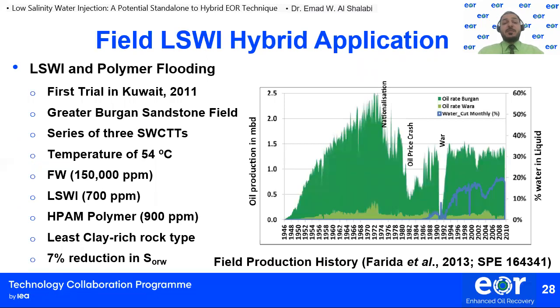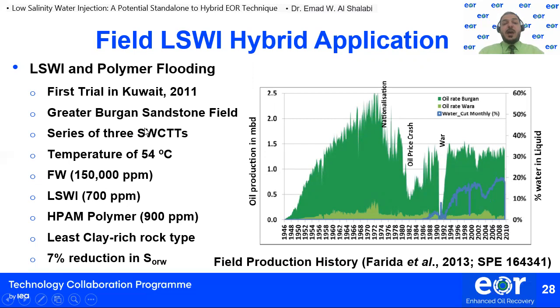For the field applications, I need to highlight that low salinity water injection and polymer has been applied at the field scale, in the Greater Burgan Sandstone field, which is in Kuwait. Here I'm showing the production of this field with time, up to 2010. Once the water cut started increasing, they decided to apply low salinity water injection.